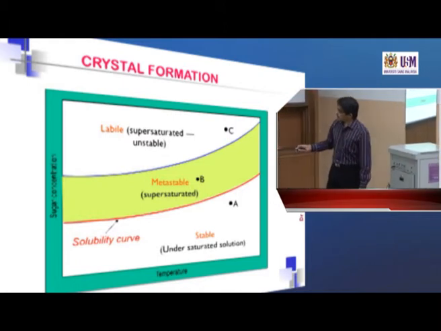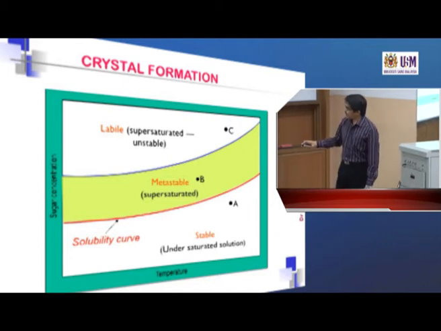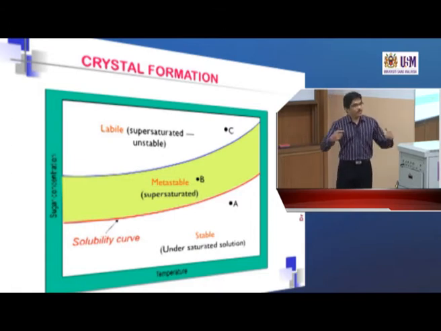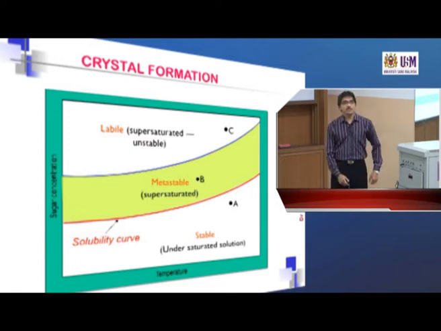Any point below the red line is called undersaturated. You cannot get crystallization below that line. Whatever you do, you cannot get crystallization. So the solution is stable.